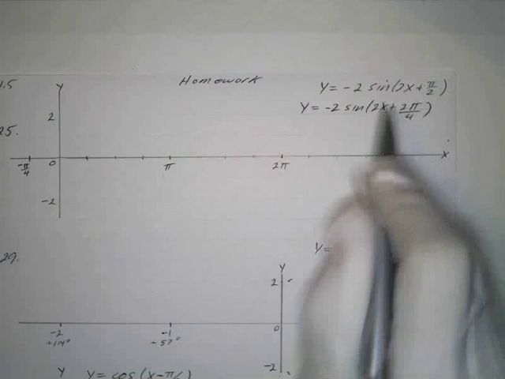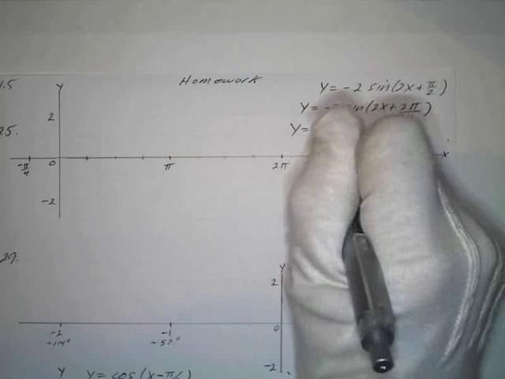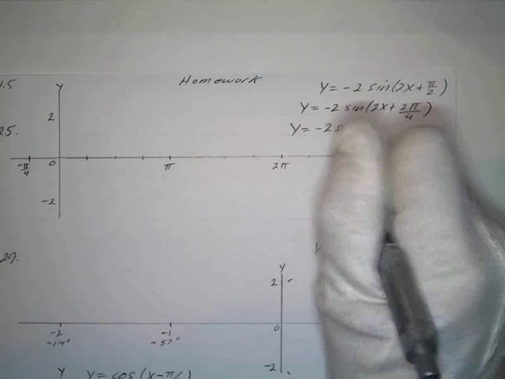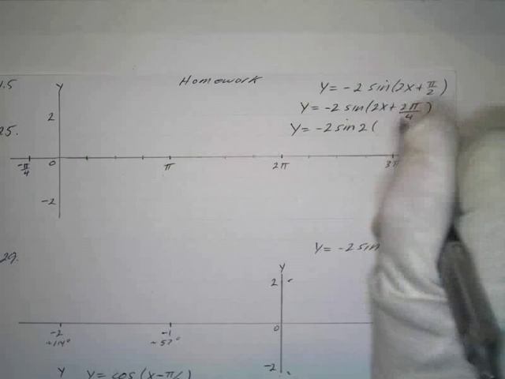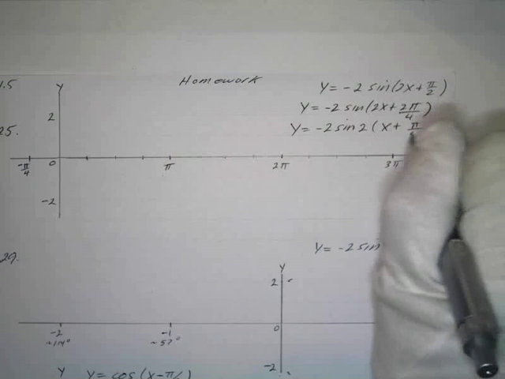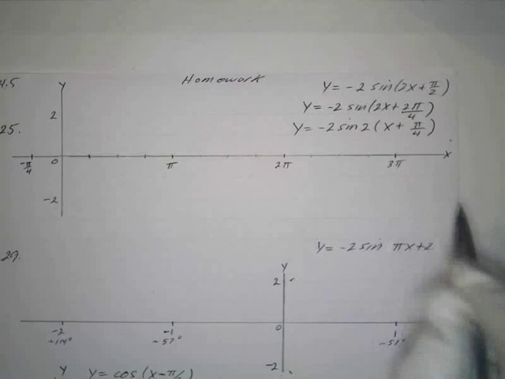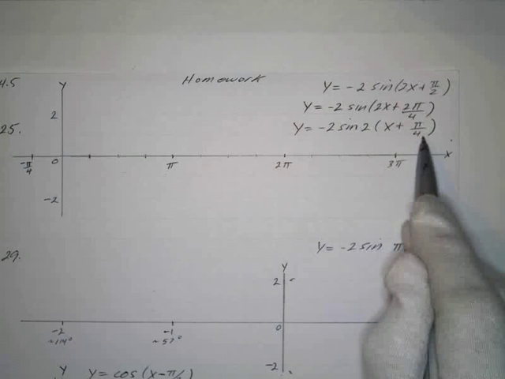And then I'll factor out the 2 like we did in the earlier problems. Y equals negative 2 sine, and if I take out a 2, what's left is x plus pi over 4. So now I know I have a positive shift, which means I'm going to go to the left, pi over 4.